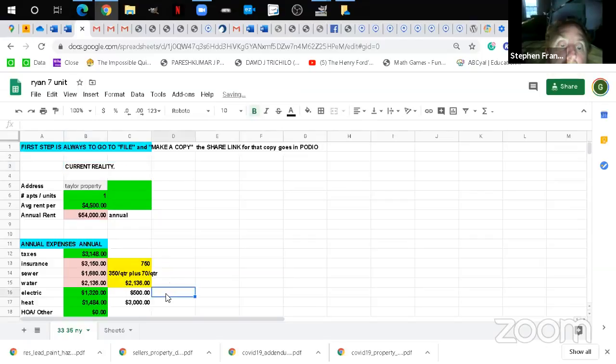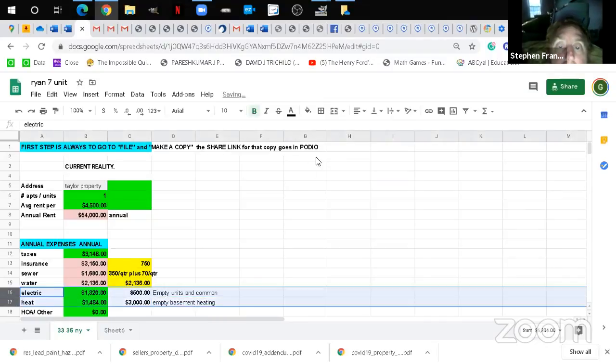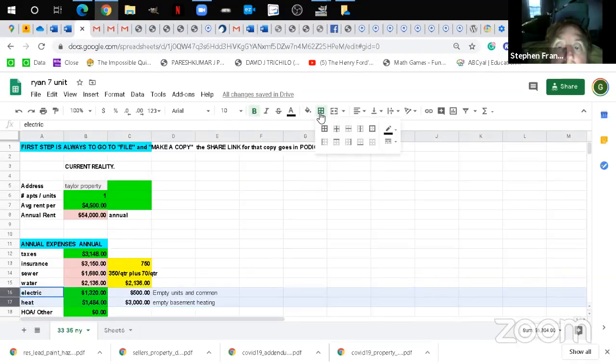Because I have to note down electric. Because these two here, which I try to remember what this allows me to do as far as patterns or something.